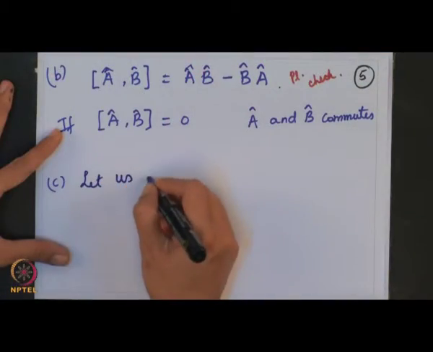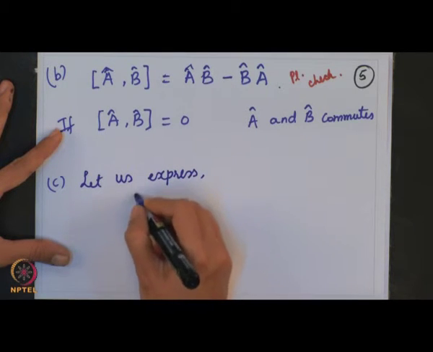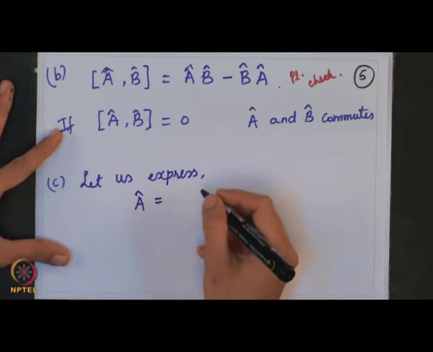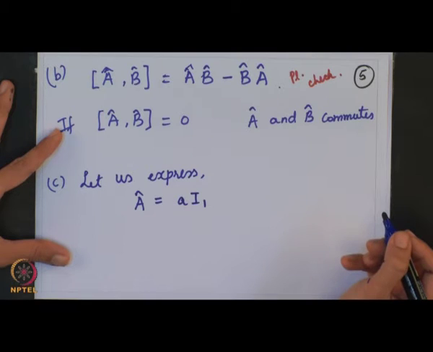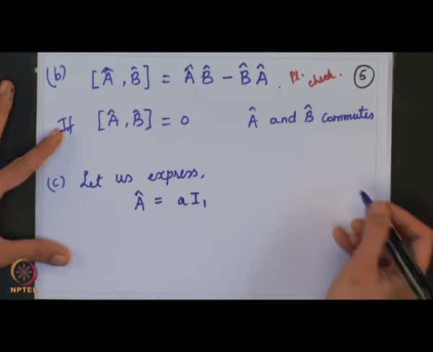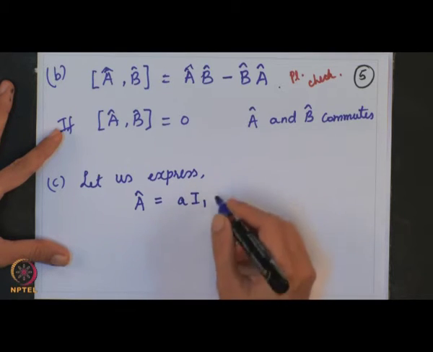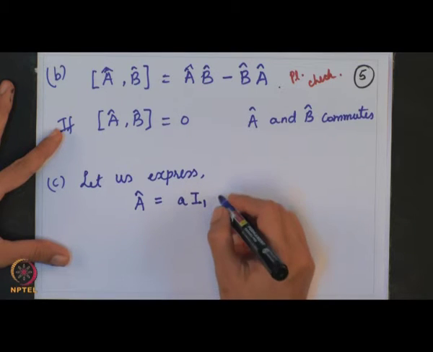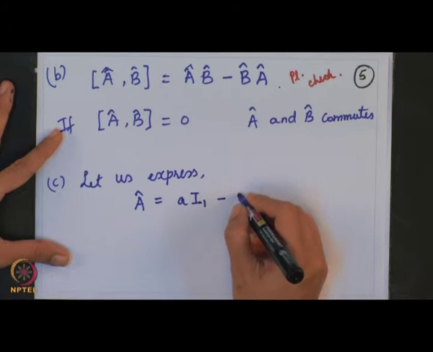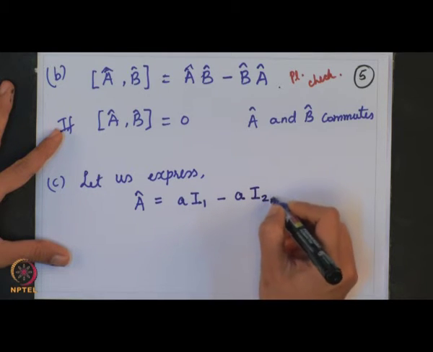So, let us express operator A. I can express it as a I1, where I1 is the one dimensional identity operator, minus a I2,3.